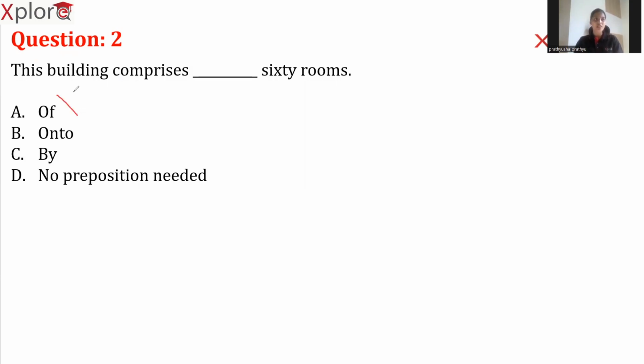Comprises itself means it consists of, so again, we do not need to use another of. Next, comprises on, to, by. As you can see, these are not at all going with the context. So here the right answer is no preposition needed. What we need to say is: this building comprises 60 rooms, meaning consists of.